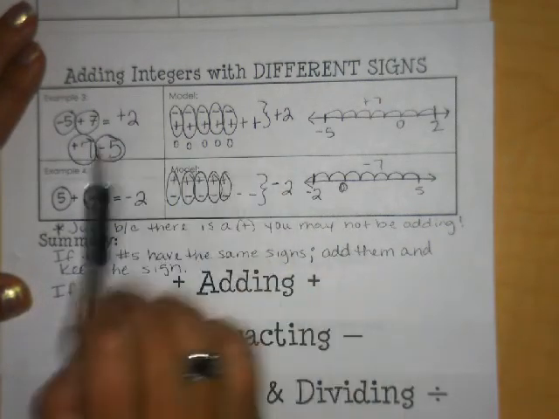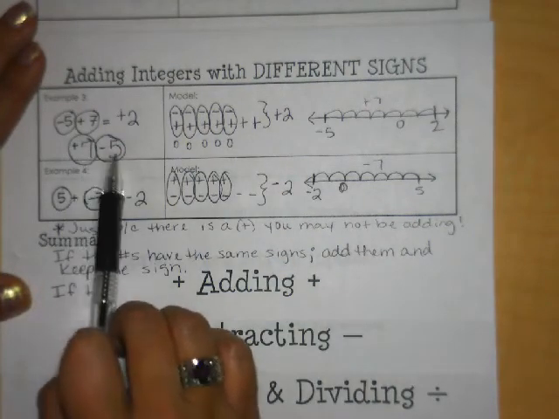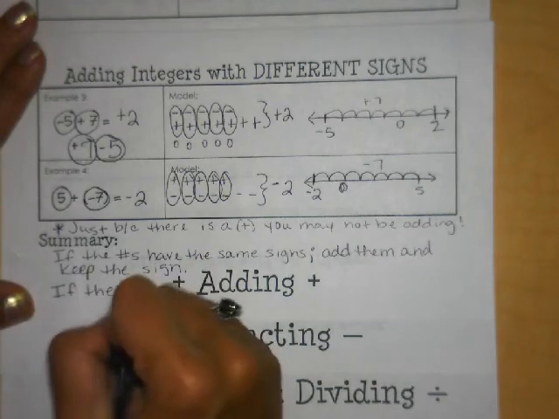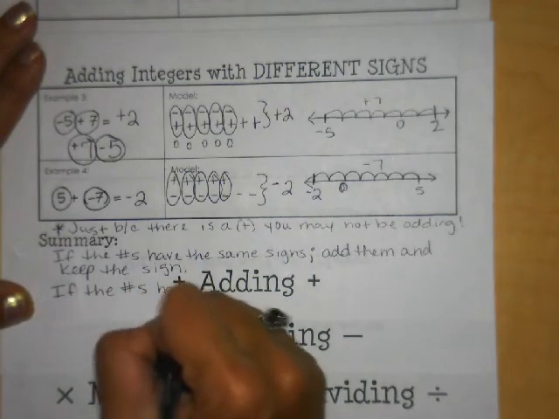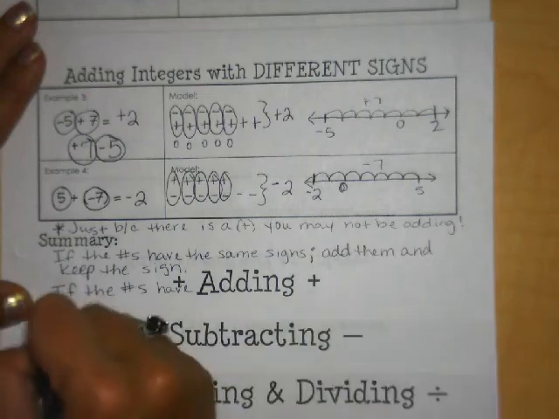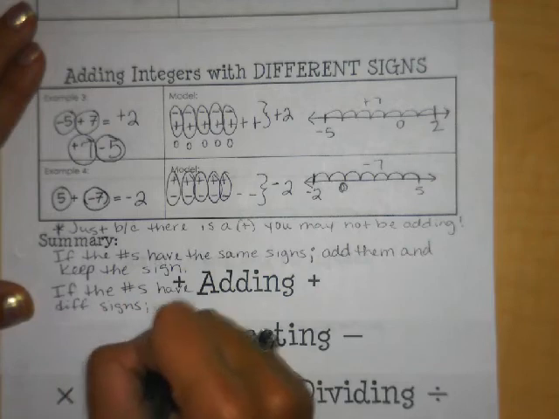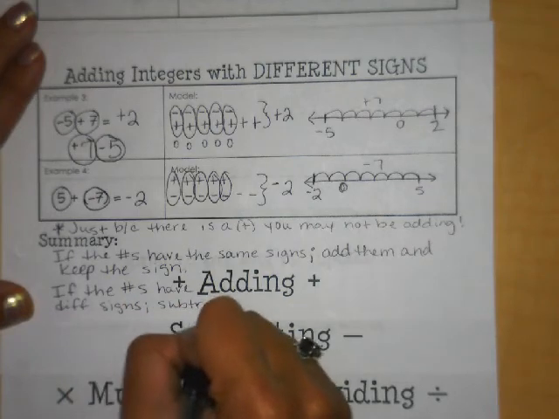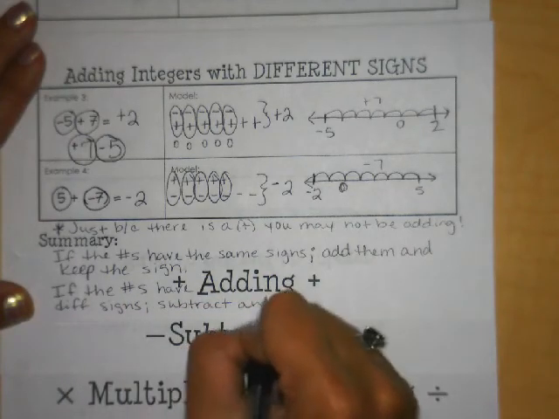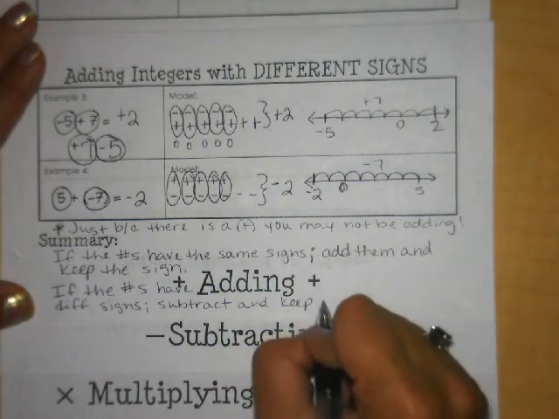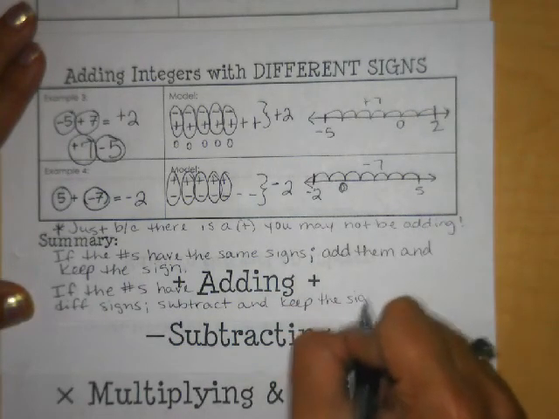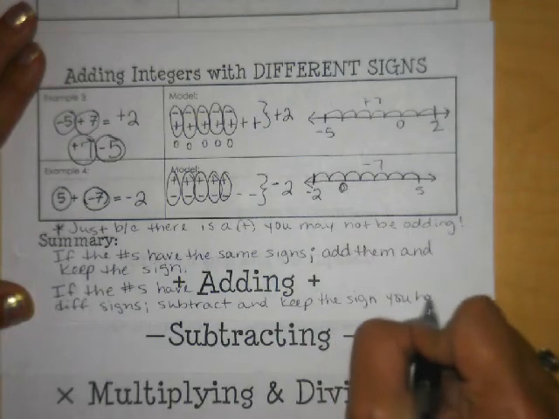We actually subtracted, if you think about it, 7 minus 5. If the numbers, I'm running out of room, have different signs, subtract and keep the sign you have more of.